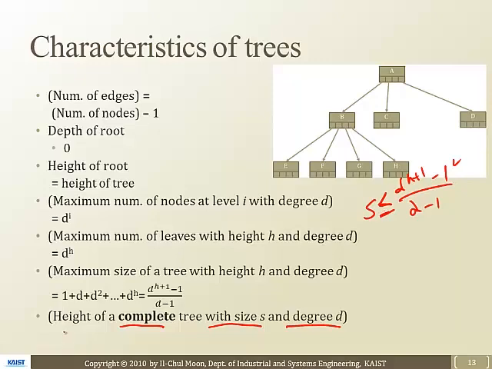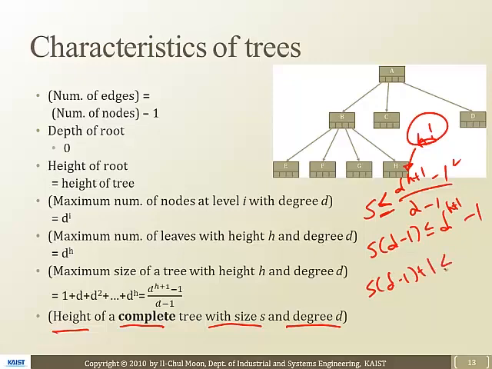And what you want to do is get this H. We want to know H, right? We want to know this. And how can you do this? Actually, let's do a little math here. That's (D - 1) times S and D^(H+1) - 1, right? And then we can move things around and say (D - 1) times S plus 1 is less than D^(H+1). What we can do here is add log base D here, so log_D of ((D - 1) S + 1) is less than H + 1, because it's log D, right?